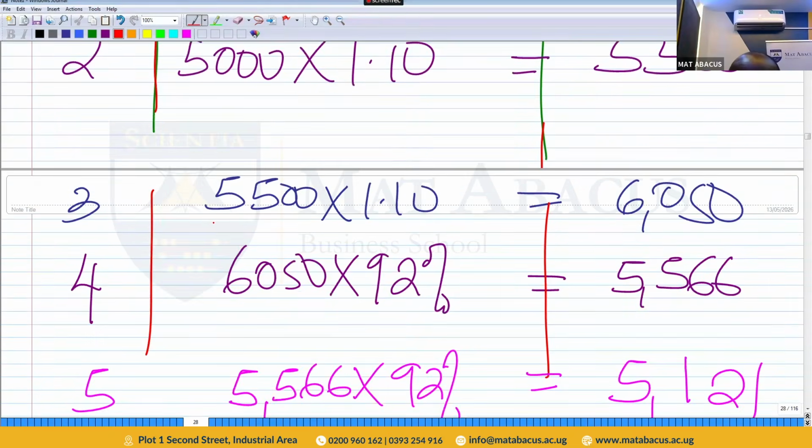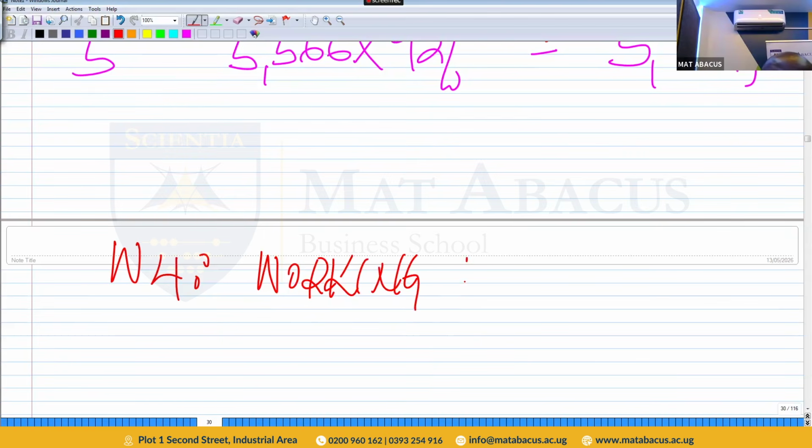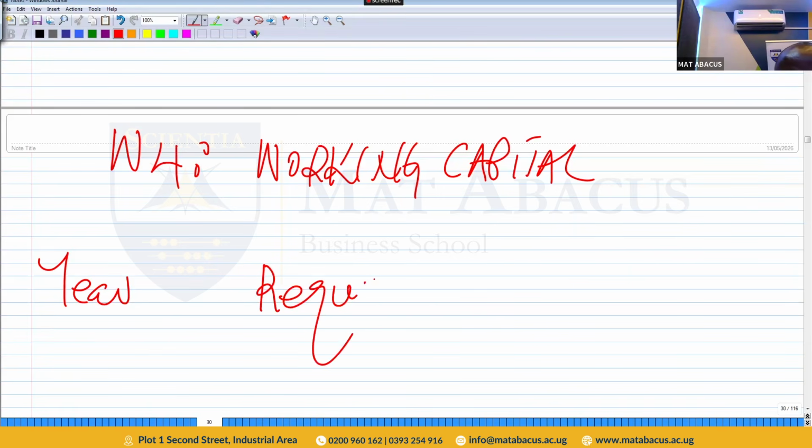So working for working capital, at MAT Abacus, we use a small table, which usually has the year, the required, then the movement.